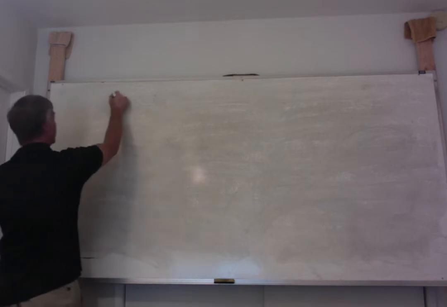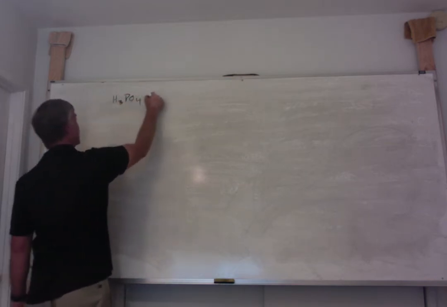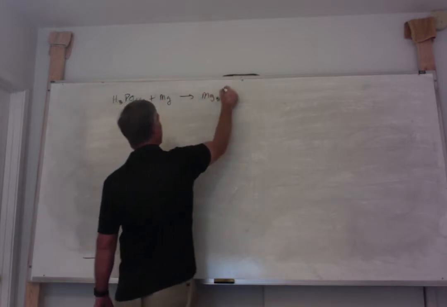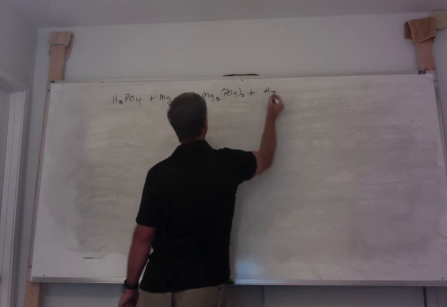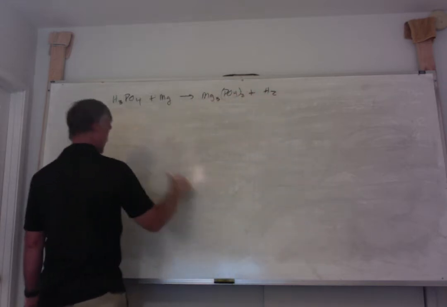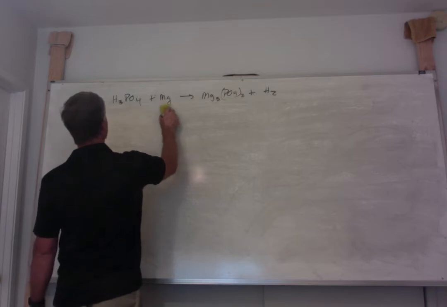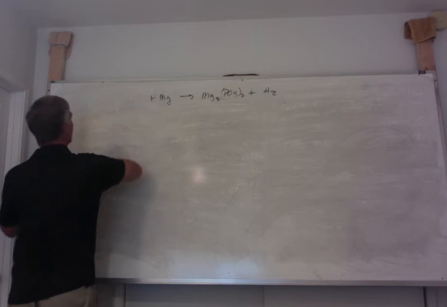Let's say we take H3PO4 plus magnesium, and that gives me magnesium phosphate plus hydrogen. And you know what? I'm going to do something a little different here. Let's make this H2SO4.